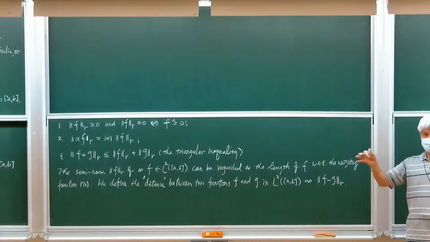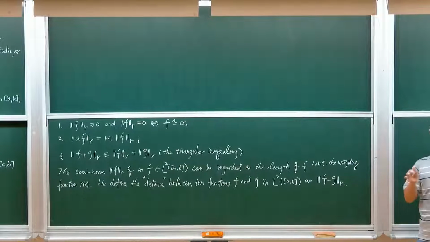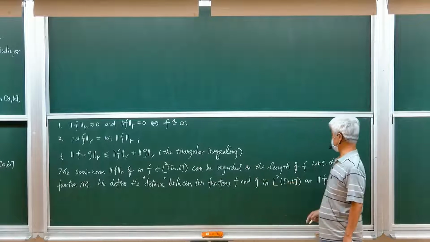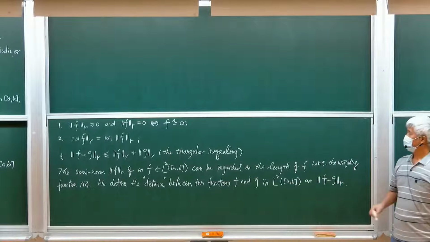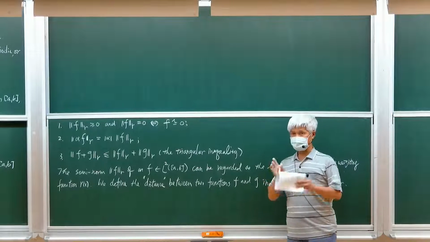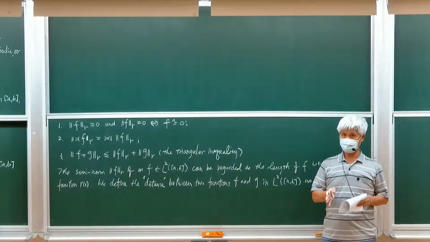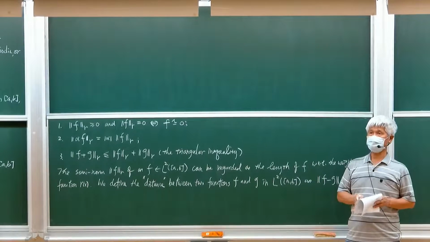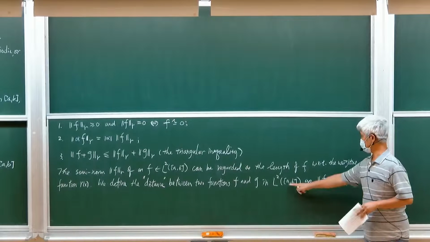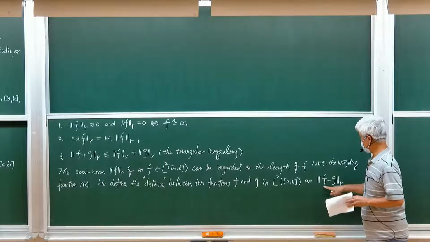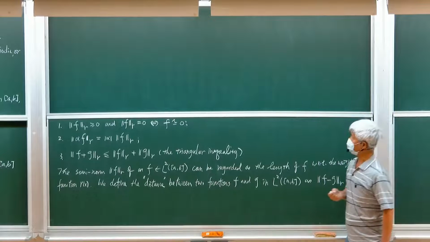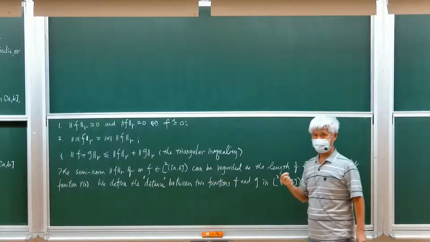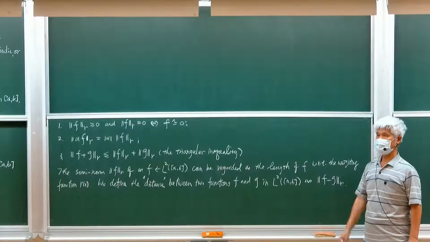So we can measure the distance between two functions. And you can see that if f and g are in the same equivalence class, meaning f is equal to g for almost all points x in the interval, then their distance is 0, from the first property. So they have zero distance.